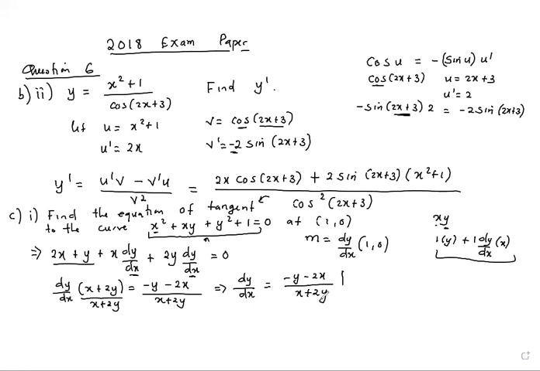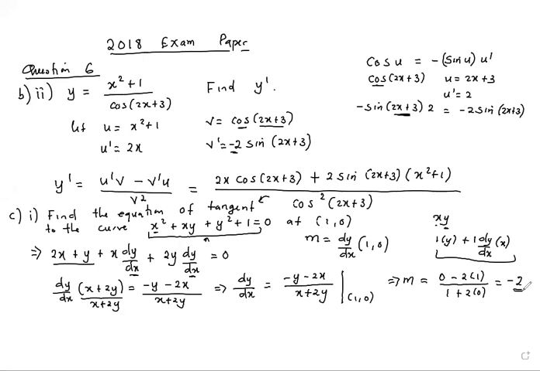And then evaluate this at 1, 0. Meaning that m is going to be, y is 0, minus 2 times x is 1, over x is 1 plus 2 times 0, giving us negative 2 as the value of the gradient of the tangent line.